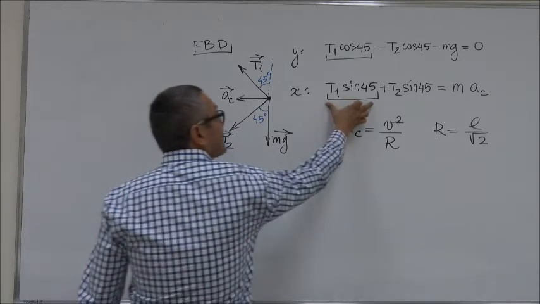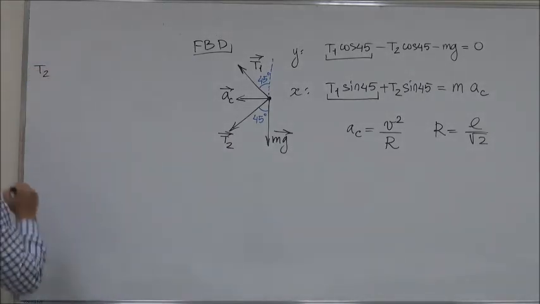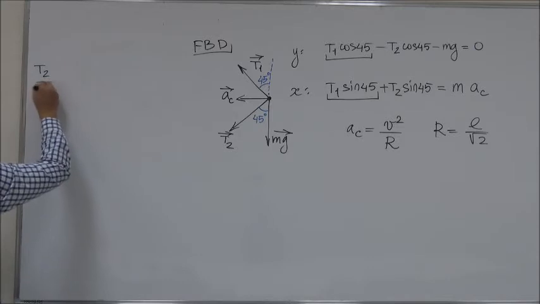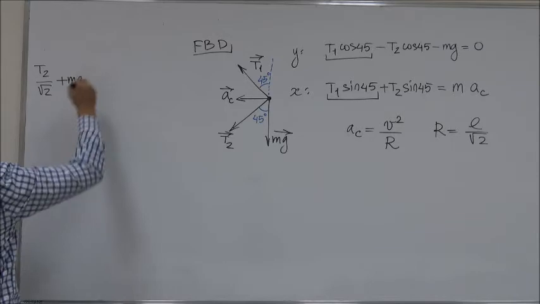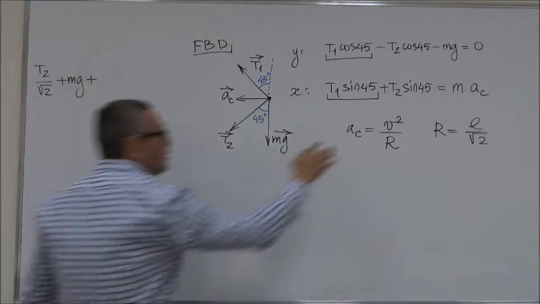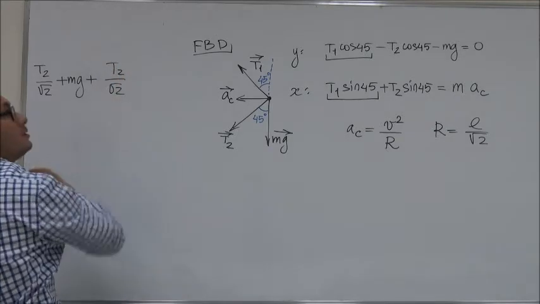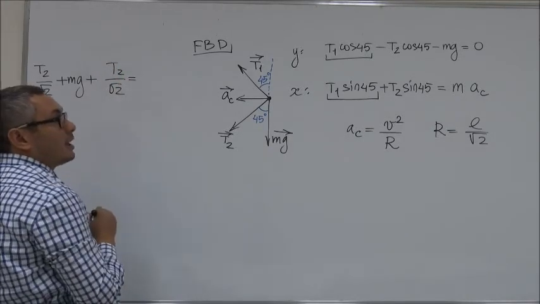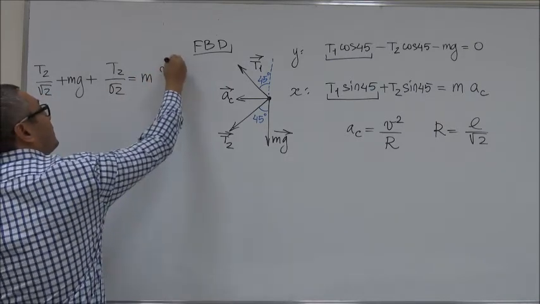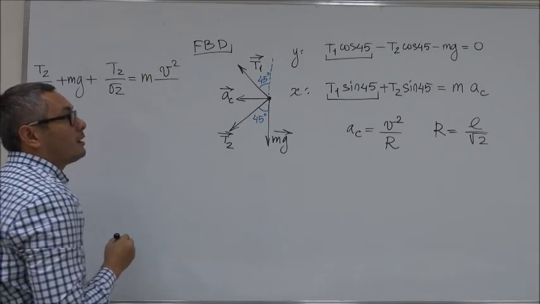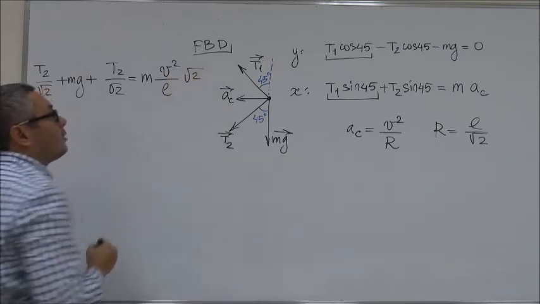So this T1 sine 45 is equal to T2 times cosine 45, or T2 over square root 2, plus mg, plus this T2 sine 45, so T2 over square root 2, equals m times AC. So m v squared over r, and r is equal to L over square root 2.